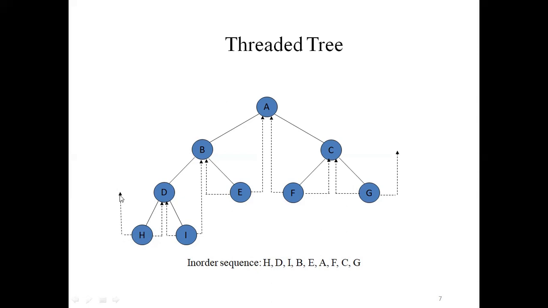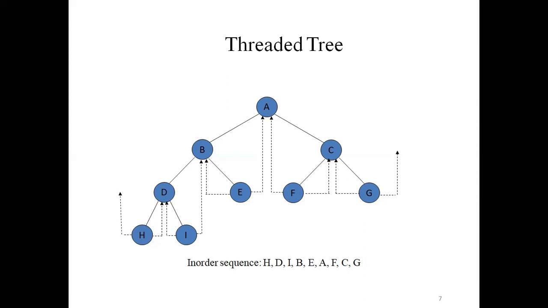That's why it is dangling. Similarly for node G, as the rule says, the right null pointer field should store the address of the inorder successor of that node. For node G, there is no further node, so it doesn't have any inorder successor. That's why the field is null or dangling.